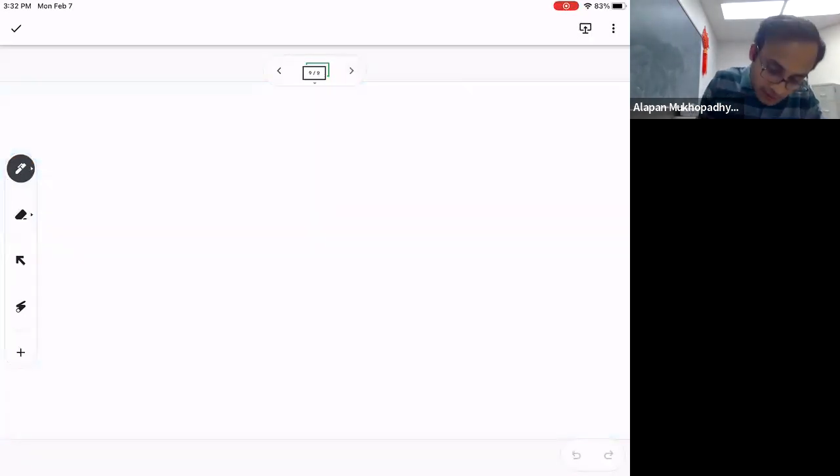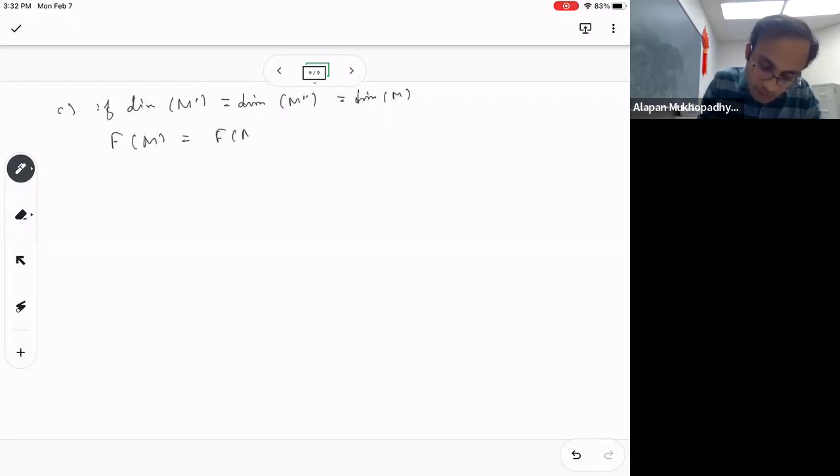And the third thing, C, if the dimension of M prime is the same as the dimension of M double prime is the same as the dimension of M, then the Frobenius-Poincare function of M is the sum of the Frobenius-Poincare function of M prime and the Frobenius-Poincare function of M double prime.